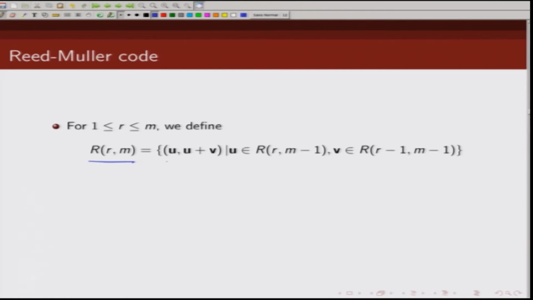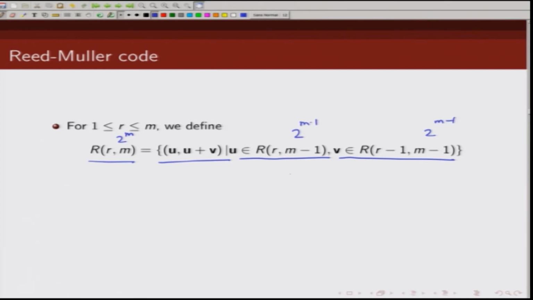This is done in this particular fashion. So, if you have one Reed-Muller code of order r and length 2 raised to power m minus 1, and you have another Reed-Muller code of order r minus 1 and length 2 raised to power m minus 1, then these two can be used to construct a Reed-Muller code of order r and length 2 raised to power m, in this particular way.